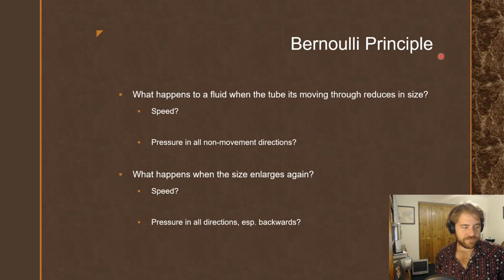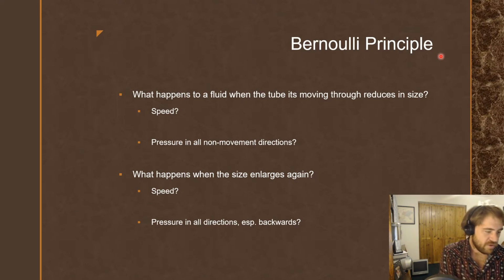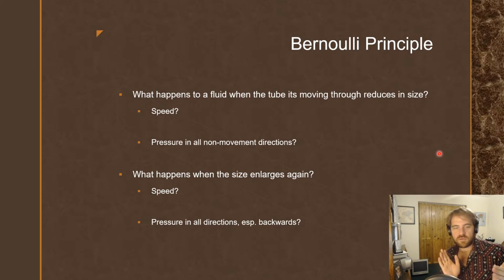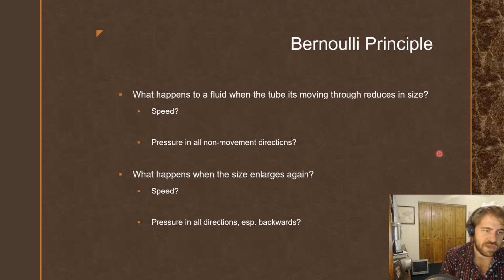All right. So the Bernoulli Principle. What happens to a fluid when the tube it's moving through reduces in size? Well, the speed, what does it do? Either increase or decrease.